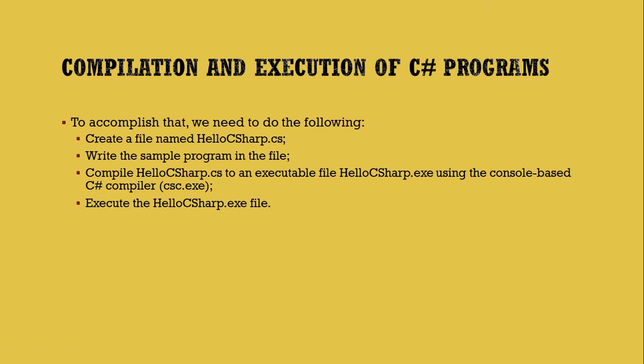Then to execute it, simply run the hello C#.exe file. This is how we can compile and execute a C# program. Even if you are using an advanced IDE like Visual Studio, these are the steps to compile and execute C# programs.